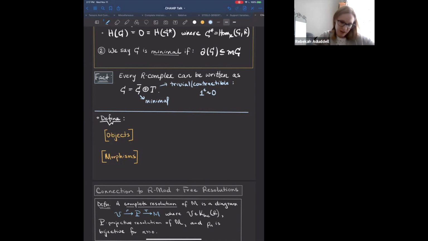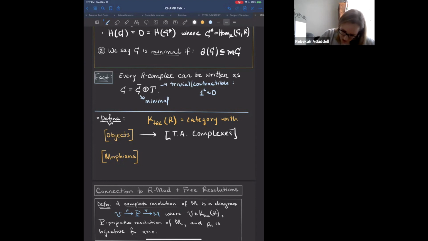And so let's define the category K_TAC. K_TAC is the category with objects as totally acyclic complexes, and morphisms as homotopy equivalence classes of our complex chain maps.